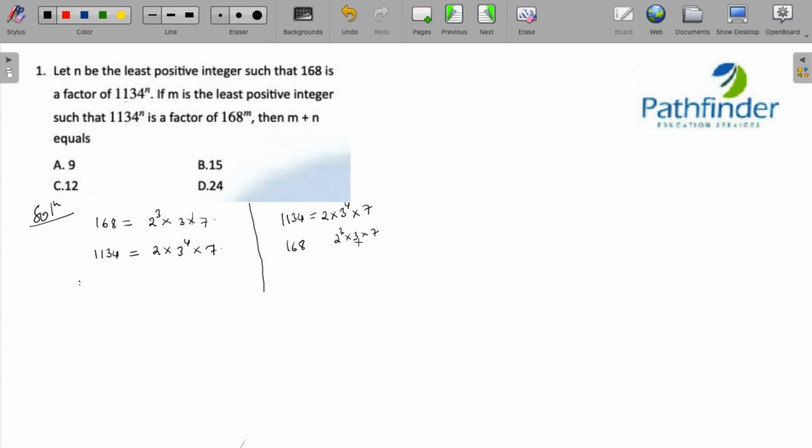Now if you observe closely, 3 and 7 will get cancelled out, but the 2 cube in the denominator cannot be cancelled out if I just divide these two numbers.